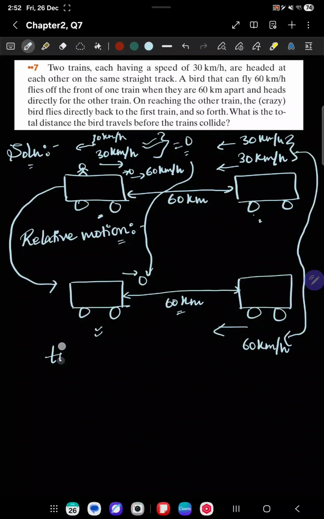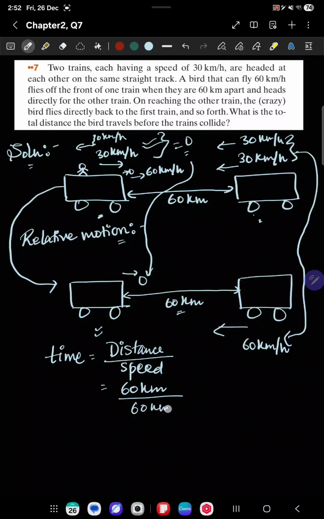So the time is nothing but distance upon speed. In this case the distance is 60 km and the speed is 60 km per hour. So after solving this we will get a value of 1 hour, right?